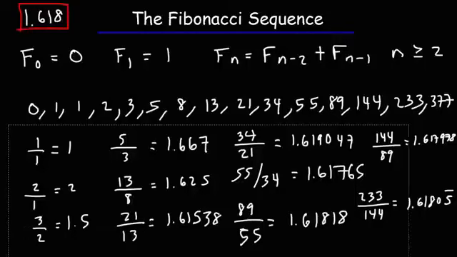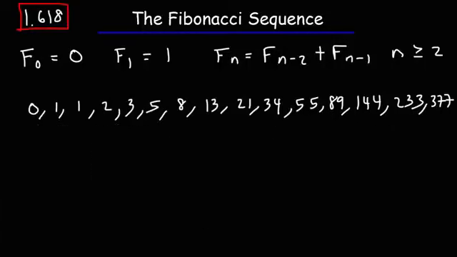So let's think about what this means. As n becomes sufficiently large, the Fibonacci sequence approaches or approximates a geometric sequence. So starting with the number 144, if we multiply 144 by 1.618, we can get 233.